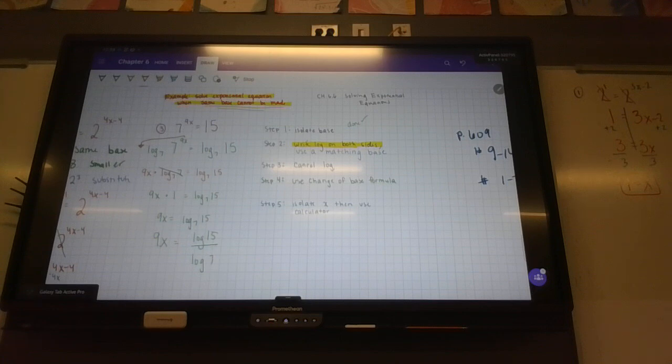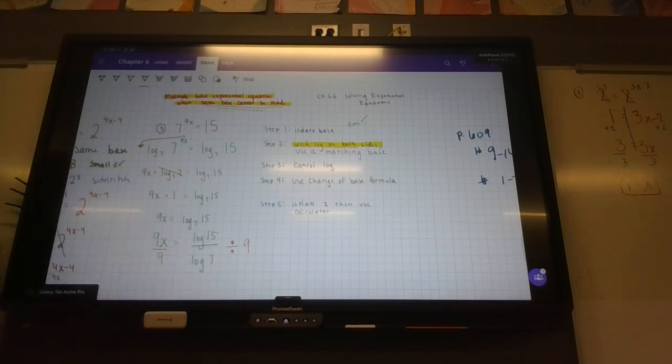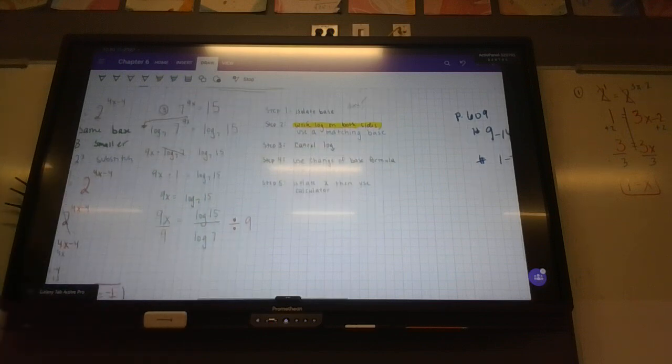And then I would divide by 9. Now I don't like to divide a fraction, so I'm dividing 9 here, and I'm just going to do an old school division sign there. And so now x is going to be log 15 over log 7. I'll use my fraction button, and then I'll divide by 9. And that'll be the answer.